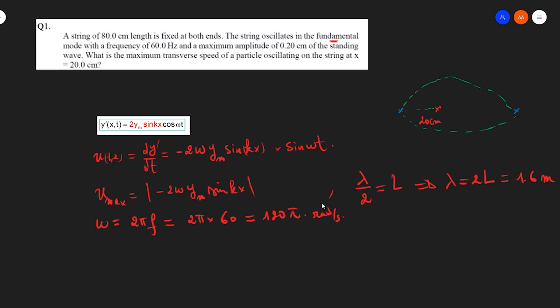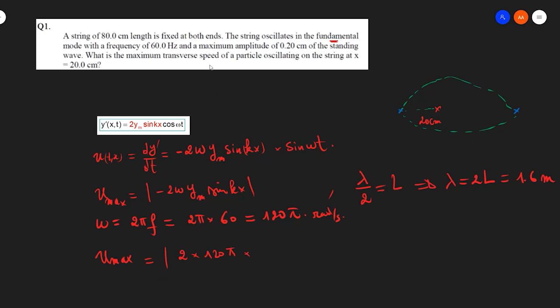I can leave pi here or do the numerical application, it's not a problem. I come back to the relation for Umax. So I need 2 omega, which is 120 pi.